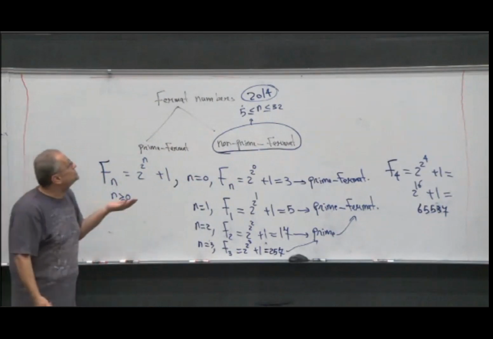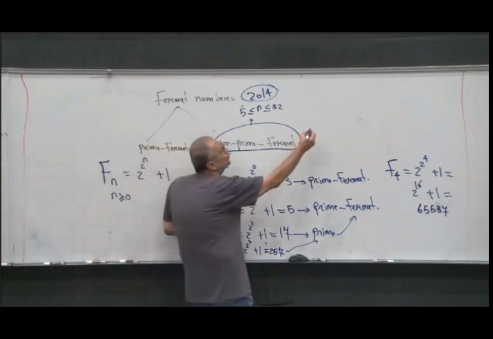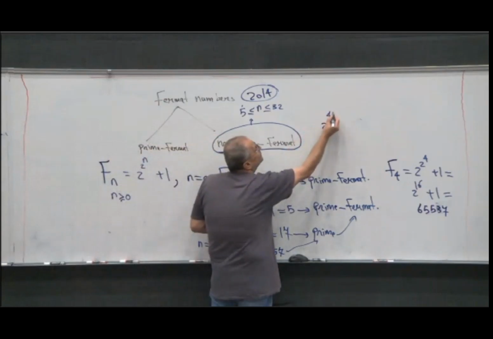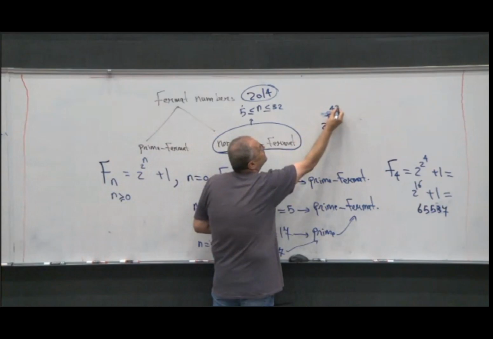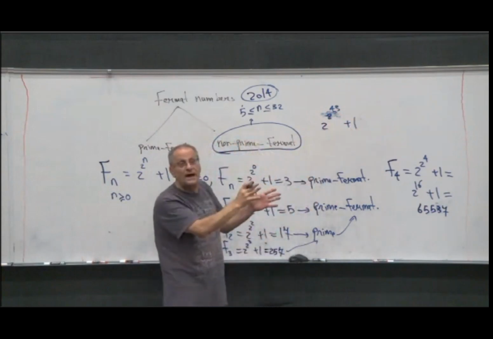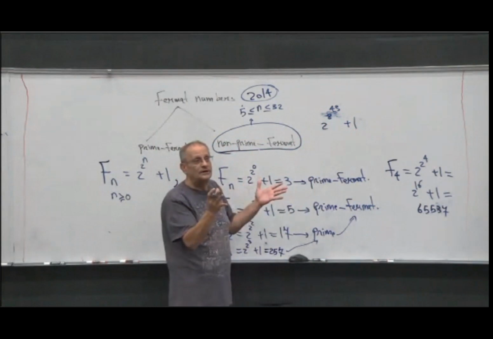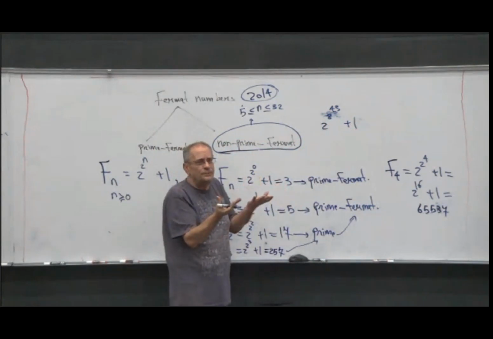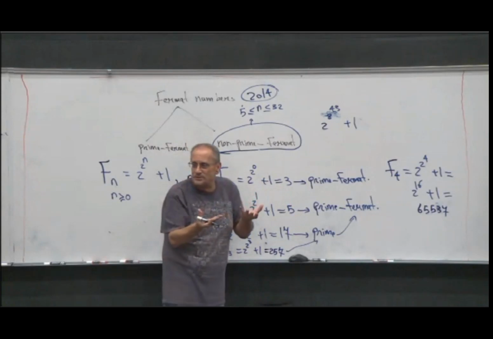Okay? So the question you're going to ask me, what about 2 to the 2 to the 43, plus 1? We know this is a Fermat number. But is it prime or what? Not prime.